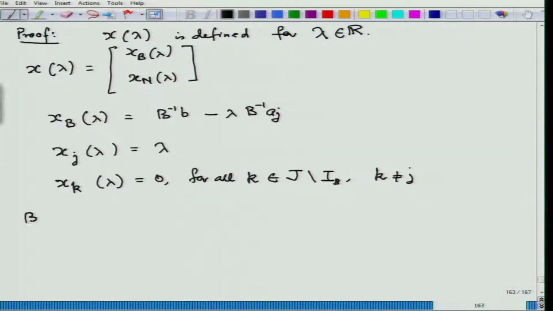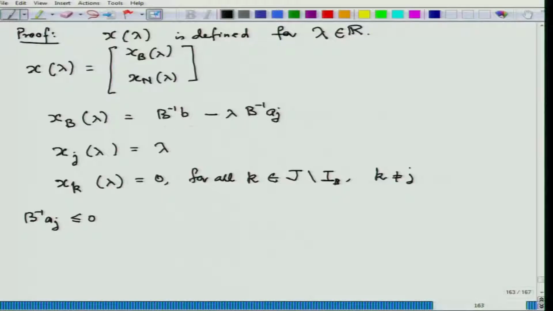Now, B inverse A_j I have assumed to be less than or equal to 0. So, this is negative and there is a negative sign, so this makes it positive. Now, B inverse b, with x being a feasible element, is the value at the current basis.